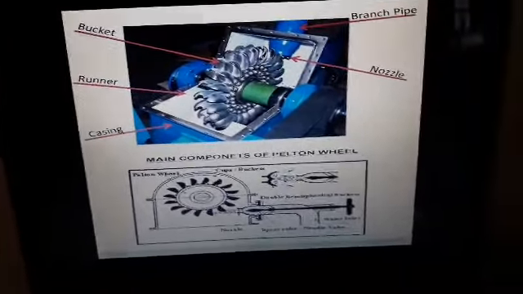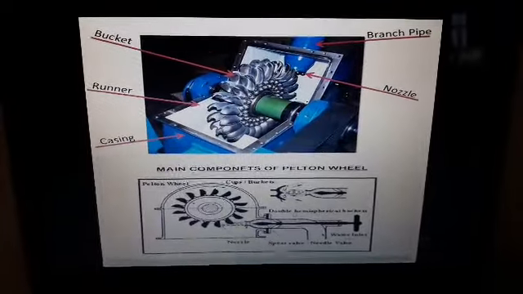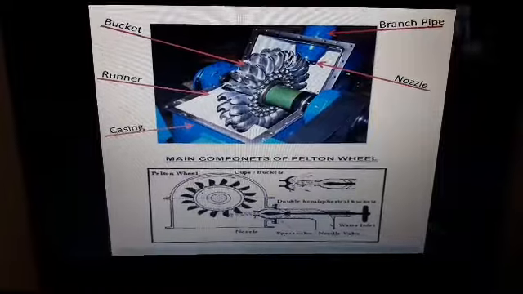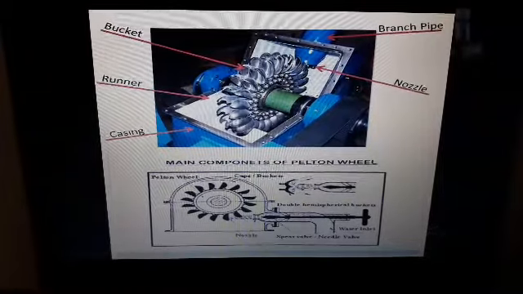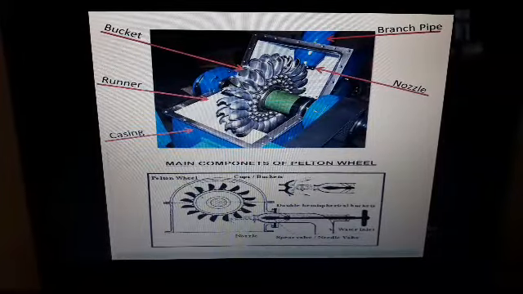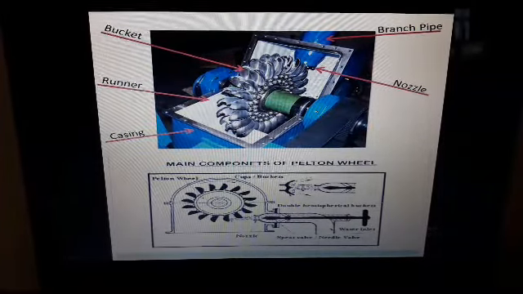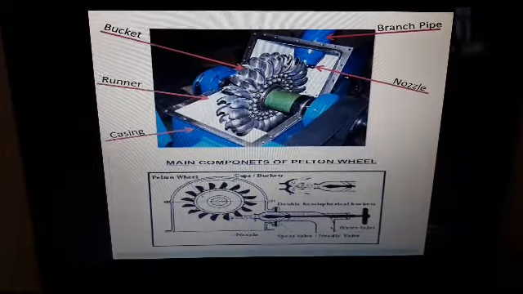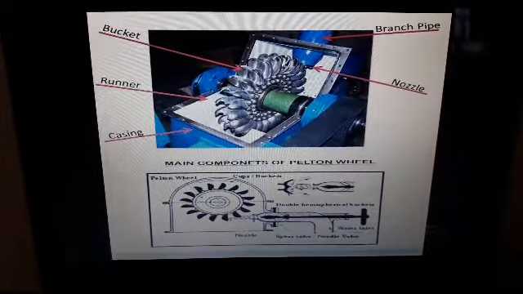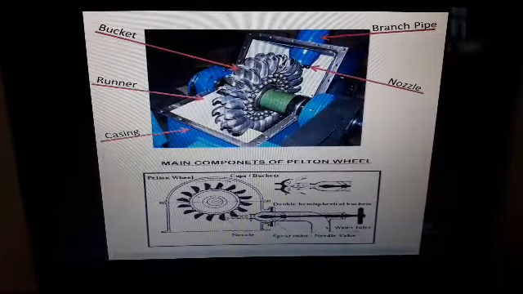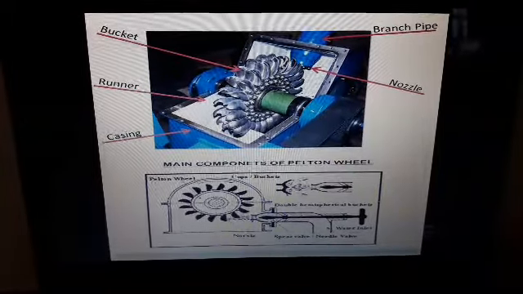Whenever water flows through the nozzle, pressure energy is converted into kinetic energy. This high velocity water strikes the surface of the blades of the rotor. Due to the change of momentum of the flowing fluid, a force is exerted on the blades of the rotor.